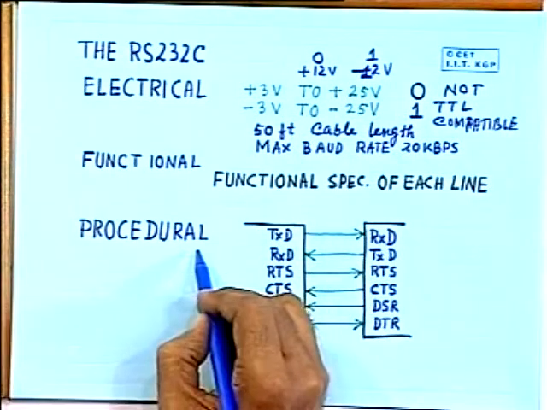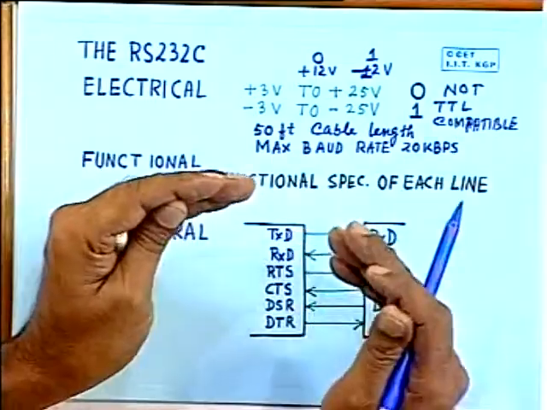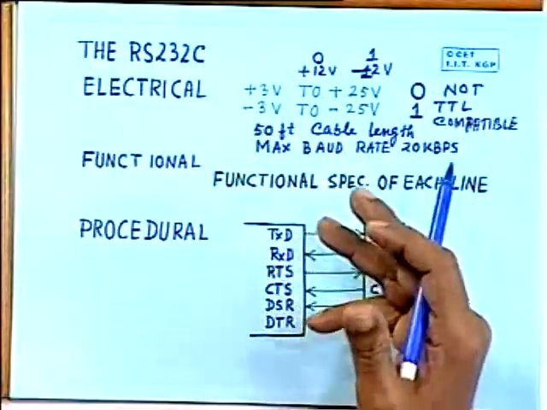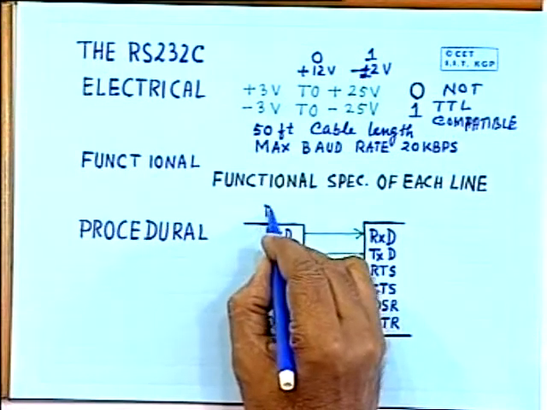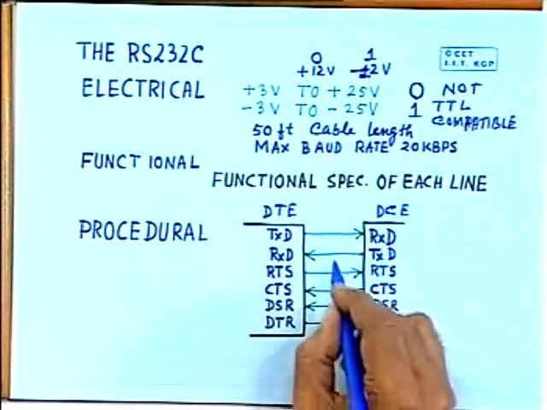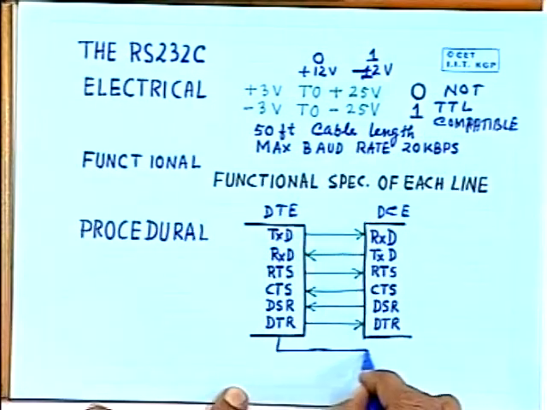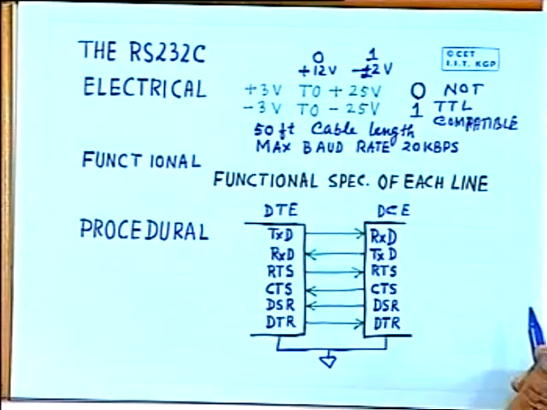Then there is a procedural part. By procedural we mean the sequence of events that will take place for data transfer. Procedural means the protocol that you have to follow. And as you will see here, I have connected a DTE with a DC. The interconnection is shown here. Of course, the signal ground and common ground, which I have not shown, are also there.